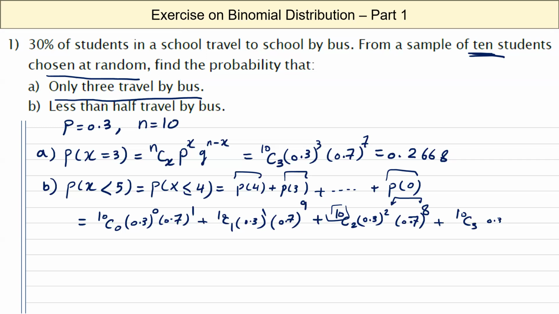Then 10C3, 0.3 power 3 times 0.7 to the power of 7, and finally 10C4, 0.3 power 4 and 0.7 power 6. Calculate all this and you will get about 0.8497. Okay.